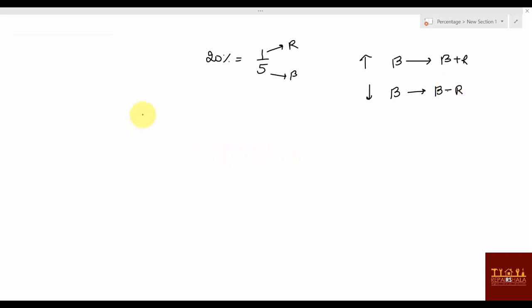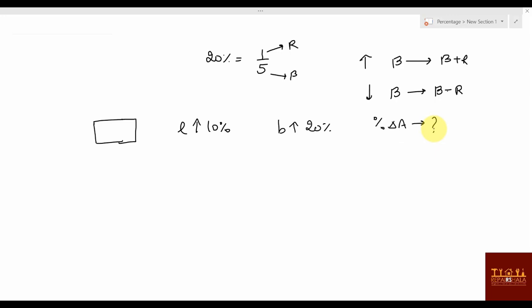Suppose it is told that in any rectangle, your length is increased by 10 percentage and your breadth is also increased by 20 percentage. What will be the percentage change in area? How can you solve that?